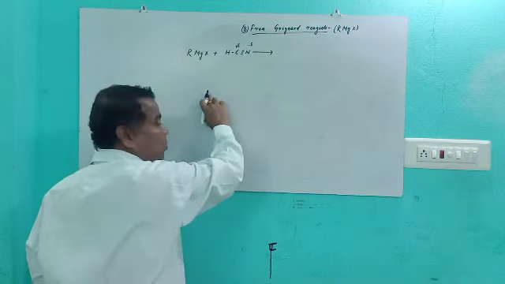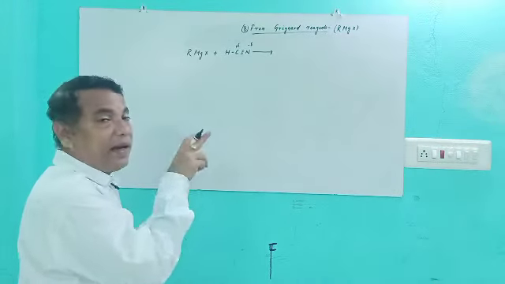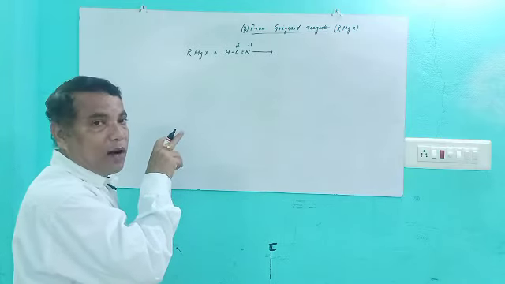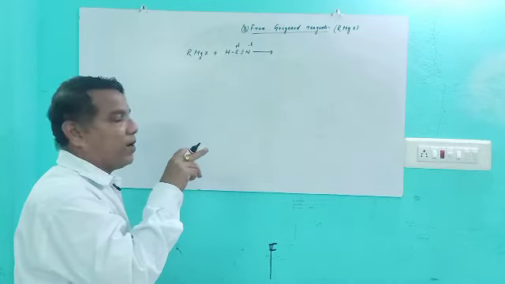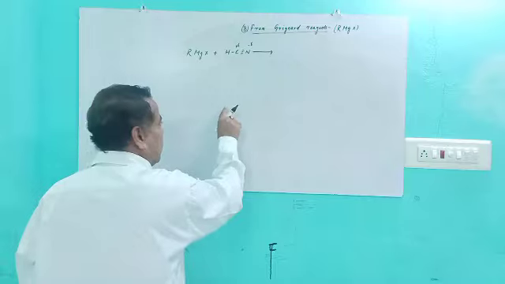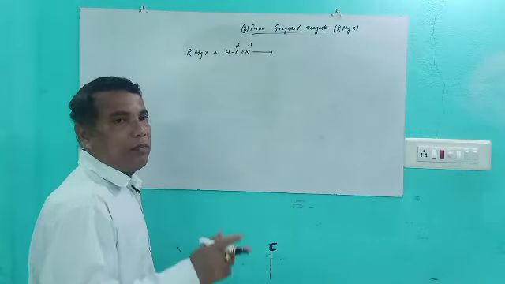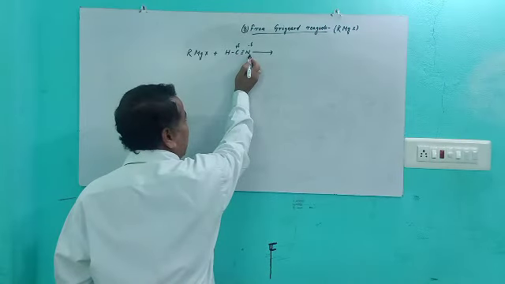Because whenever one moves from left to right in the periodic table, electronegativity gradually increases. Carbon atom number 6, nitrogen 7, oxygen 8, fluorine 9. Fluorine is the most electronegative element. So electronegativity increases from left to right in a period. So carbon is delta plus, nitrogen is delta minus.